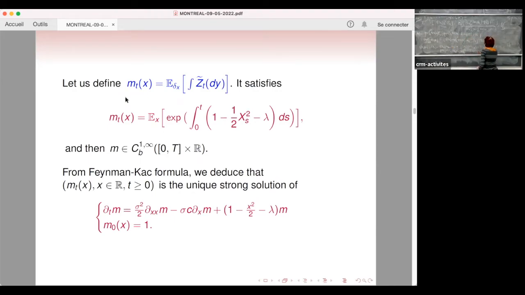Since here we have f, taken on xs, I forgot to write xs, sorry. Taken on xs minus f of xs. And here you have L of m of t minus s of xs, and the additional term is minus h of xs m t minus s of xs, ds plus a martingale part.